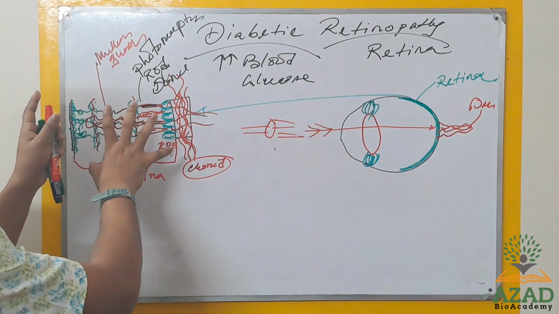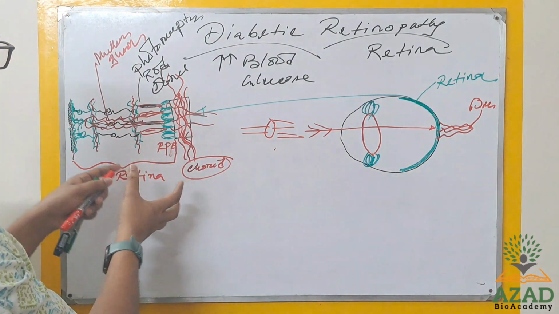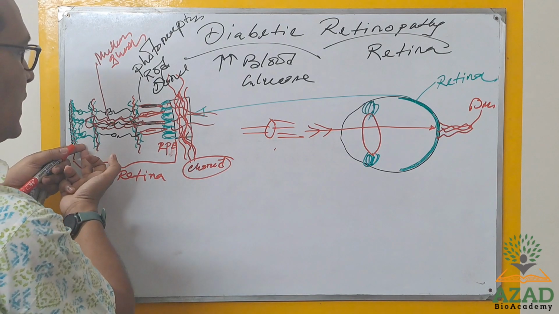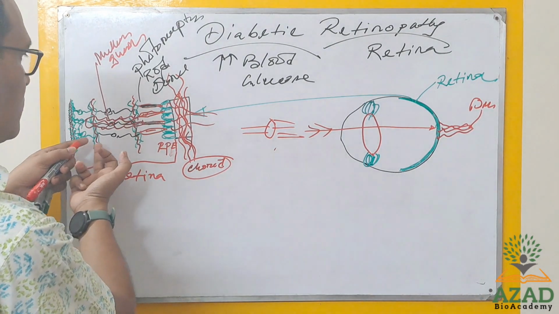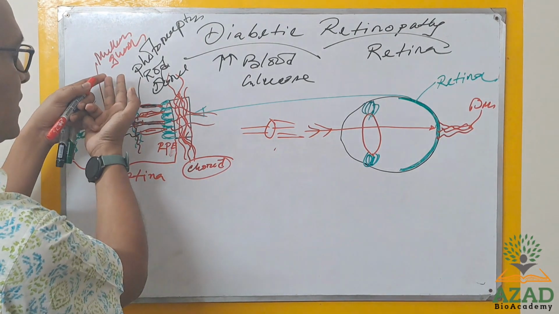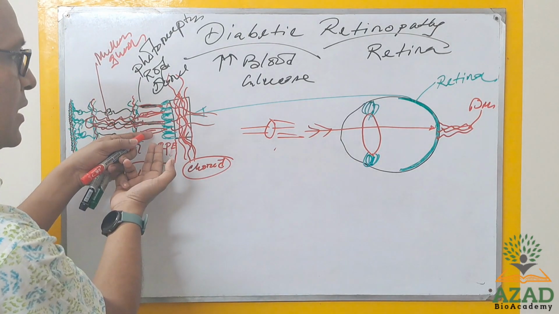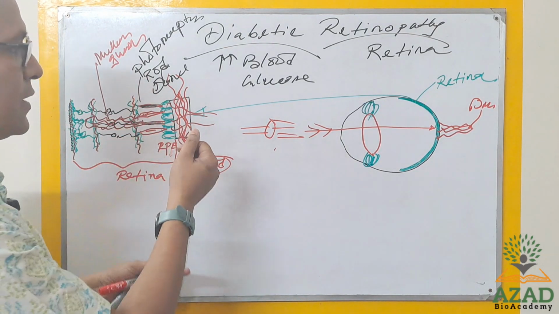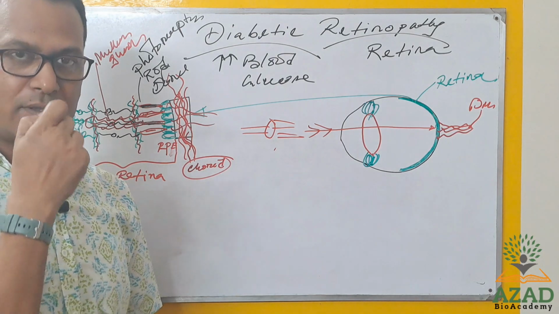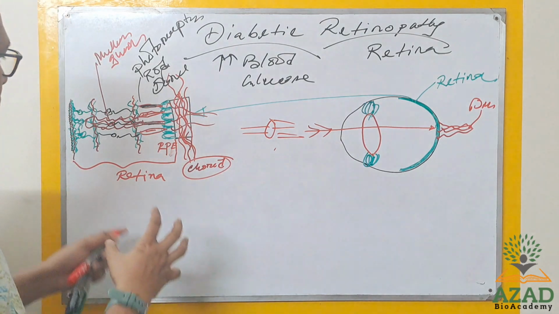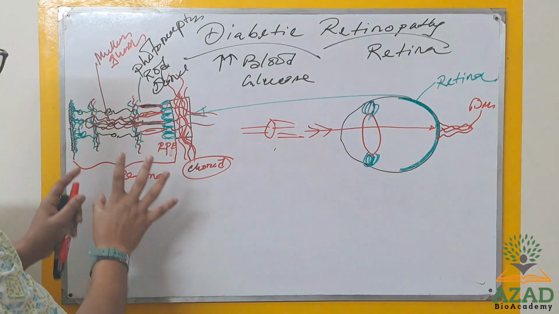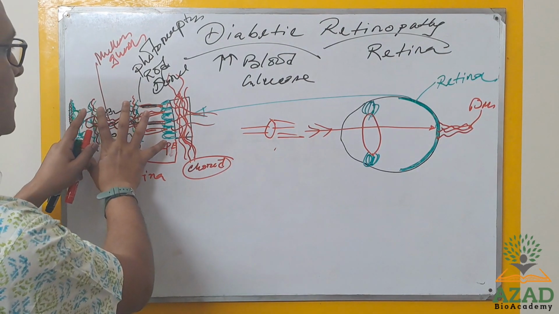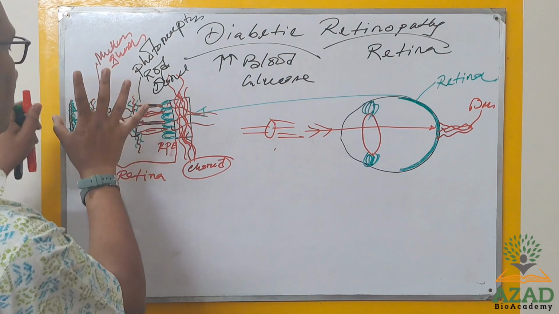Different types of cellular components are there: the ganglionic cell, bipolar cell, the glial cell, the rod cell and cone cell, and the epithelial cell, that is the pigment epithelial cell, the retinal cell.